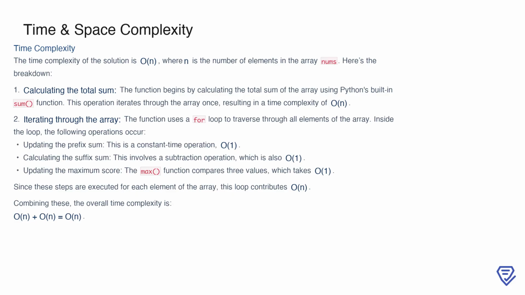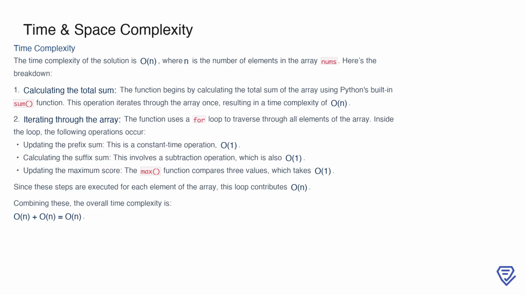These include updating the prefix sum, which is a constant time operation, calculating the suffix sum using a single subtraction, also O(1), and comparing the current maximum score using the max function, which again takes O(1). Since these constant time operations are repeated once for each element in the array, the loop contributes another O(n). When we combine these, we get O(n) plus O(n), which simplifies to O(n), giving us an efficient linear time complexity for the algorithm.